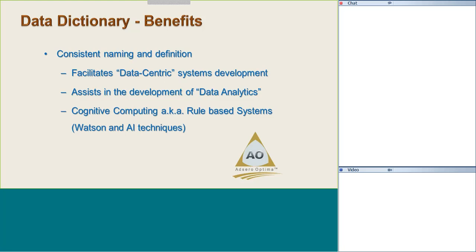Now, AO provides a data dictionary management facility and also a facility to load that dictionary from your existing database and to rationalize it. And eventually, in time, reverse engineer the fields that are duplicates and replace them in the database files to begin to create a standard element definition.